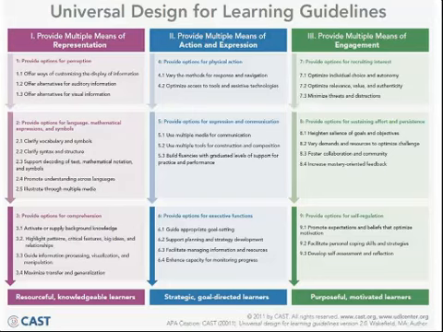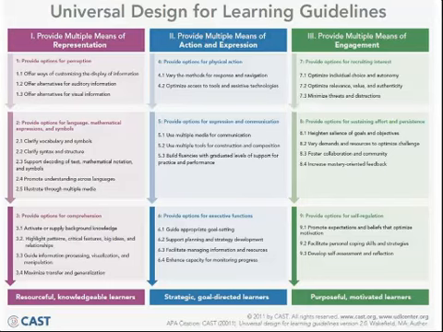So when we reflect on these three principles of universal design for learning, what does that necessarily mean to you, let's say, as an assistive technology specialist? What does that mean to you as a speech-language pathologist, an OT, or a physical therapist? What does that mean to you as an administrator? What are those things that we need to incorporate and learn and understand the concepts around universal design for learning?